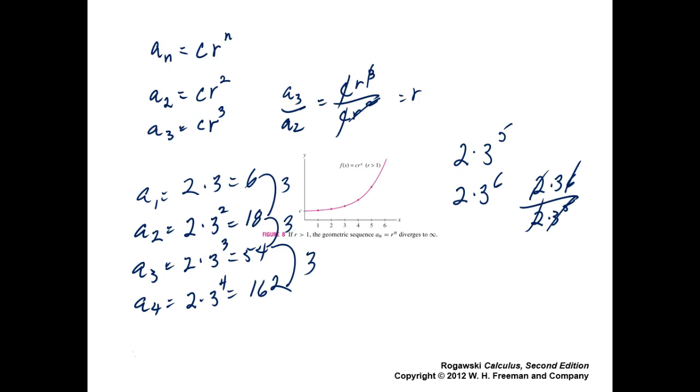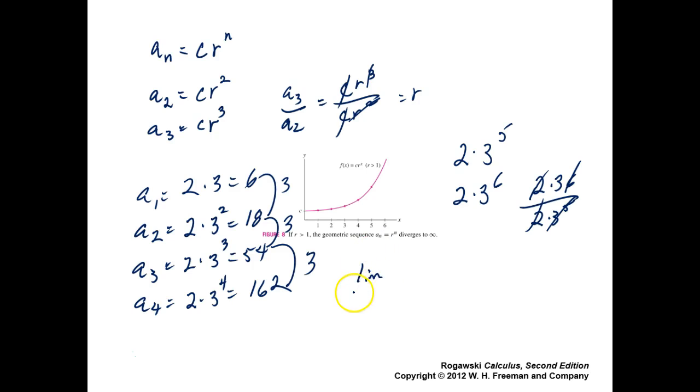All right, in the next example, we determine when a geometric series converges. Recall that a sub n diverges to infinity if the terms a sub n increase beyond all bounds. So that would be diverging to infinity. So we express that this way.